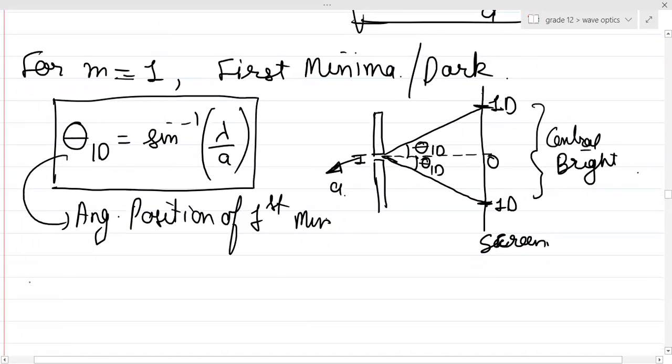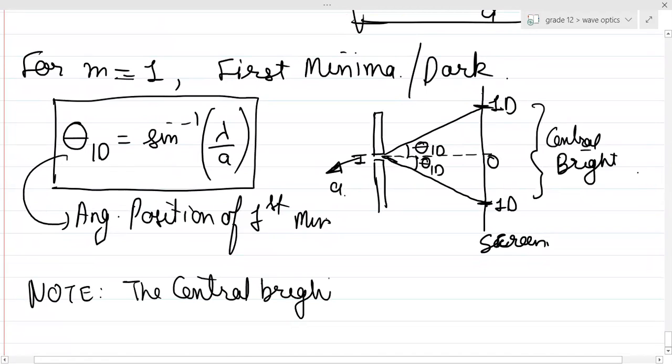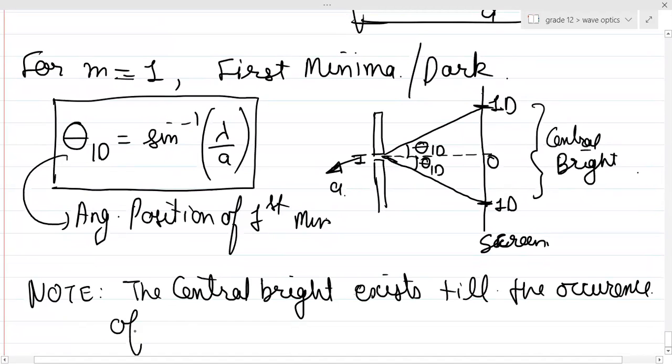So if someone asks, note the central bright exists till the occurrence of the first dark or first minima, right?